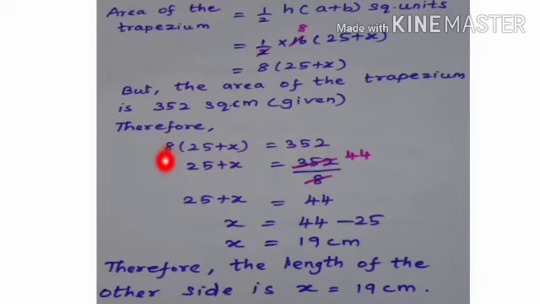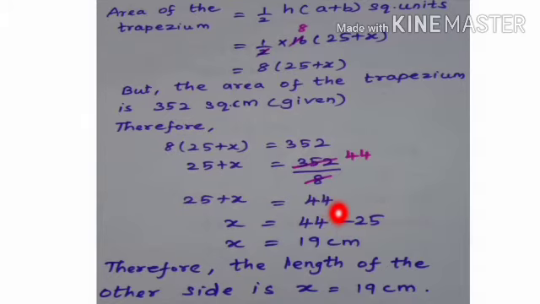Now this 8, when it comes to the other side, goes to the denominator because it is in the numerator. So we get 352 divided by 8. Now cancelling this 8 and 352, we get 44. Now 25 plus x is equal to 44. Here this 25, when it crosses the equal to sign, comes with the negative sign, minus.